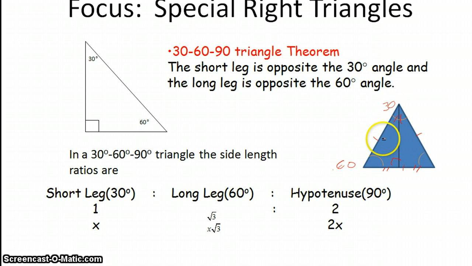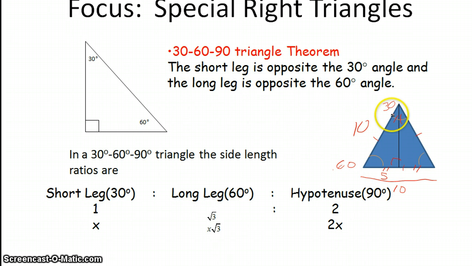Now let's take, for example, a triangle that started with side lengths of 10. When I dropped my altitude, I took this side length of 10, and when I bisected it, I split it into two congruent parts, so I actually made this 5.